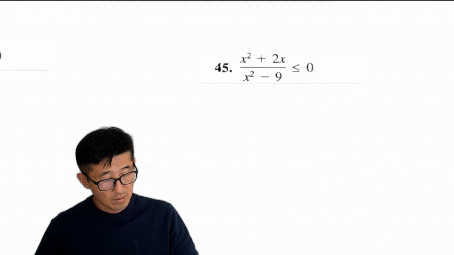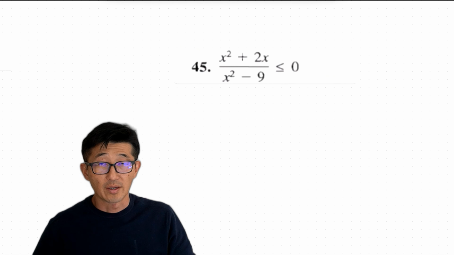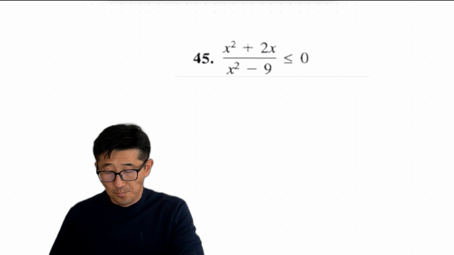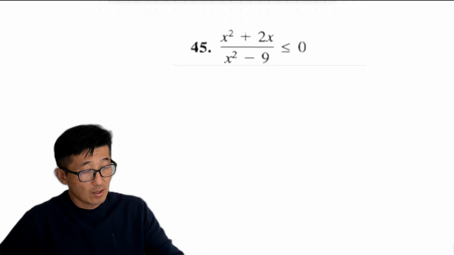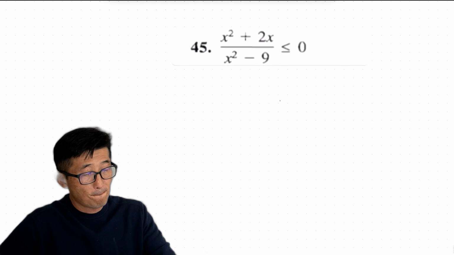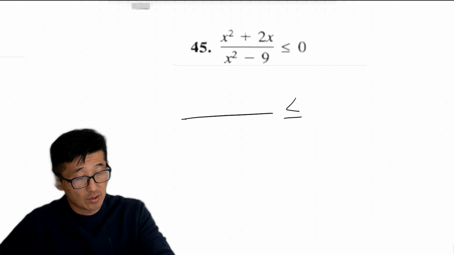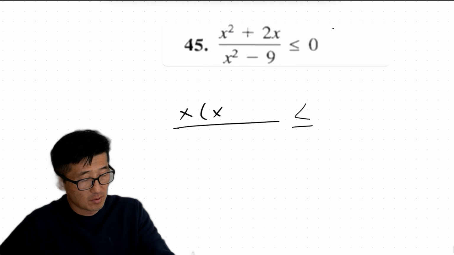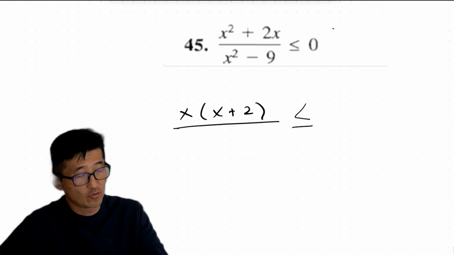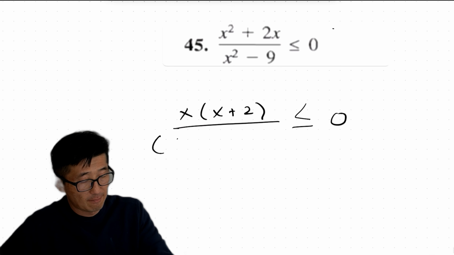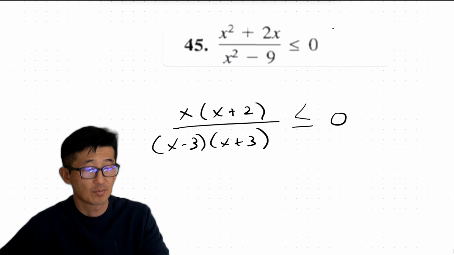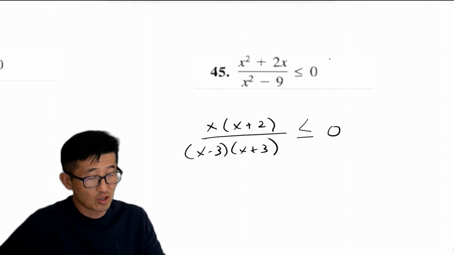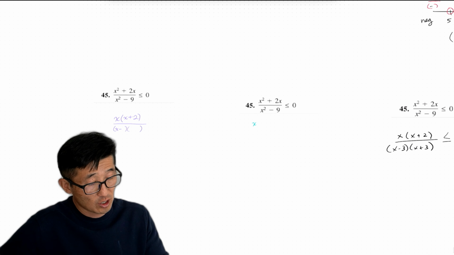What did you do for the top? I factored out an x. Okay, what did you do for the bottom? Difference of squares. Okay, all right. Let's see if you guys can finish this on your own. I'm just going to check your work.